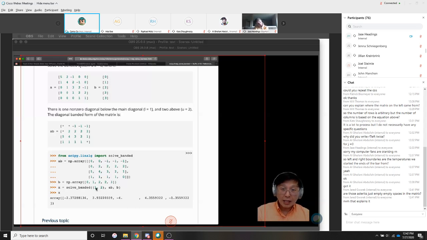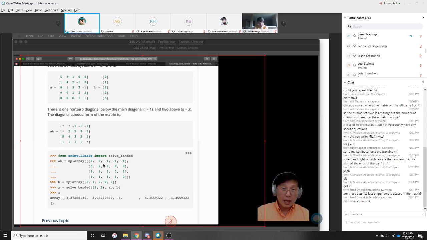So you call solve banded, and you see there's a 1 and a 2 there. What does that mean? This 1 is saying how many diagonals there are below the main diagonal. Notice there's only one diagonal below the main diagonal. And what does that 2 represent? That 2 represents how many diagonals there are above the main diagonal.